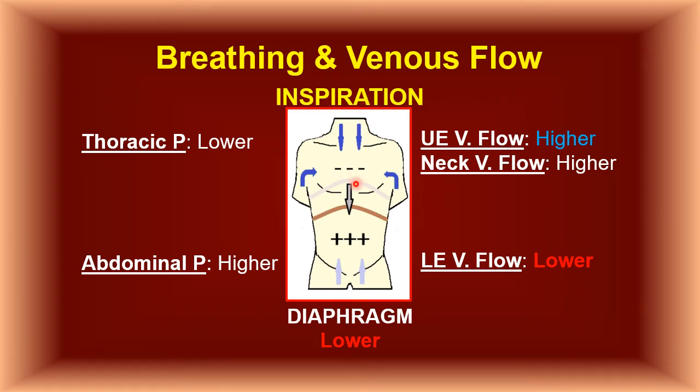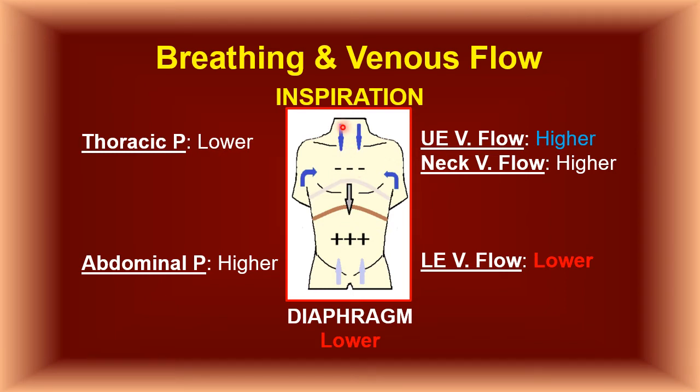The diaphragm goes down. This is the original position of the diaphragm. Now the diaphragm goes down. It will create negative pressure in the thoracic cavity and positive pressure in the abdominal cavity.